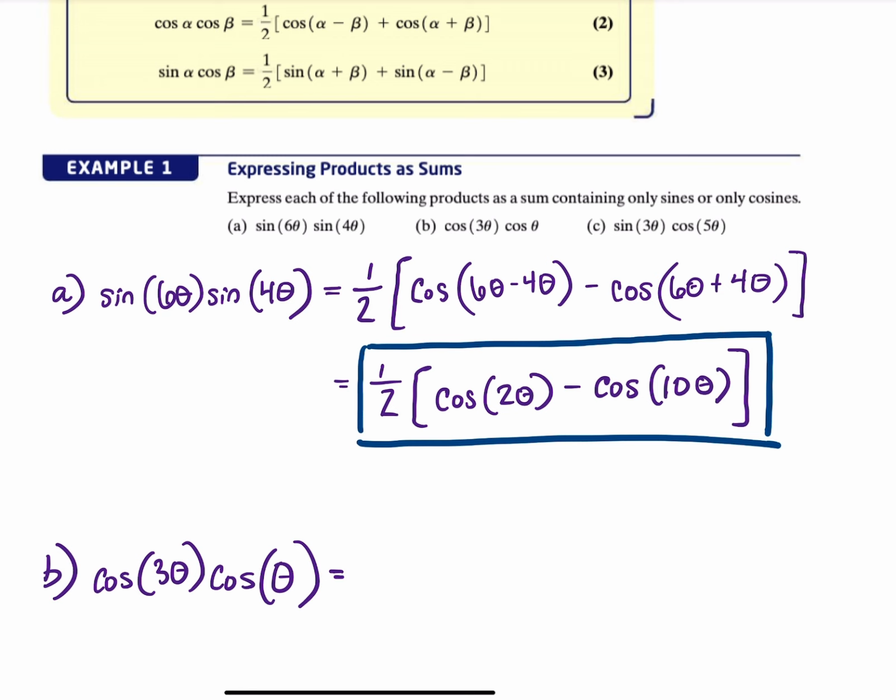This will be equal to 1/2 times the cosine of alpha minus beta, so 3 theta minus 1 theta, plus the cosine of alpha plus beta. So cosine of 3 theta plus 1 theta.